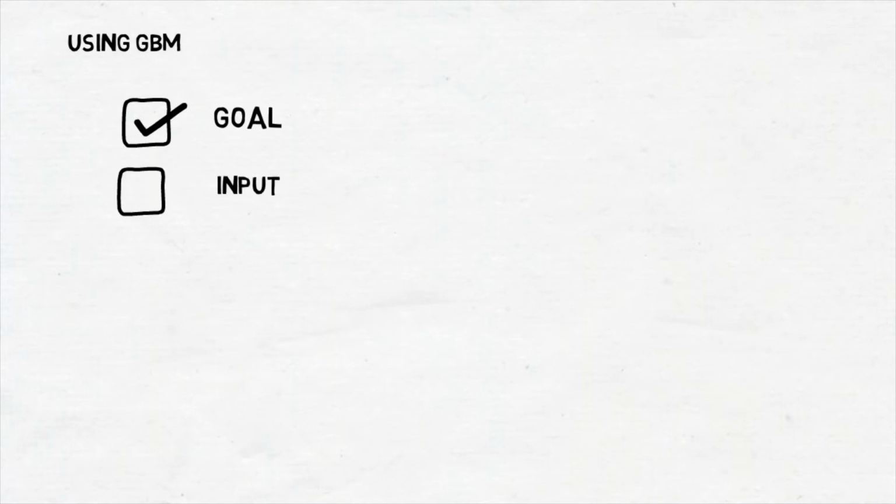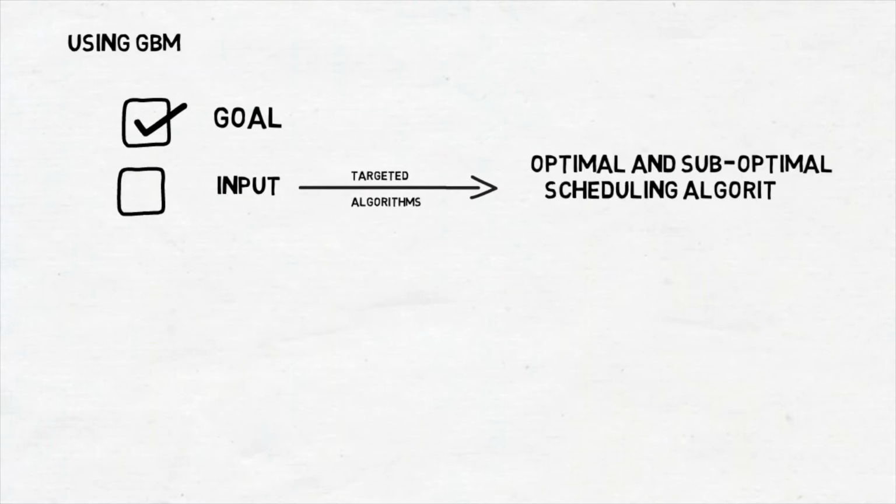The development was done using the generic benchmark model of Damaj and Resbah. Accordingly, after defining the goal successfully, the input is identified. It is made up of the targeted algorithms, here a selection of optimal and suboptimal joint scheduling algorithms, and the performance metrics used.